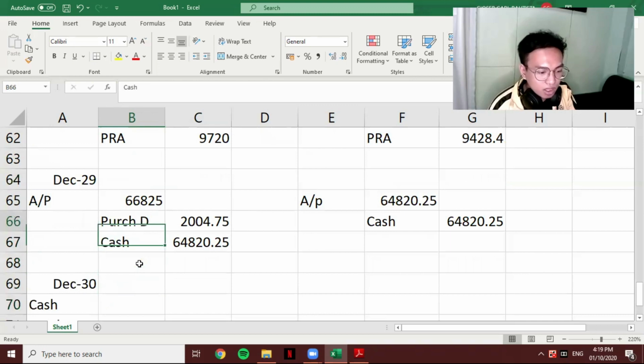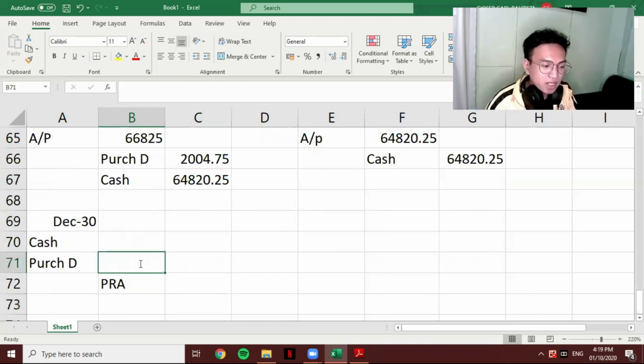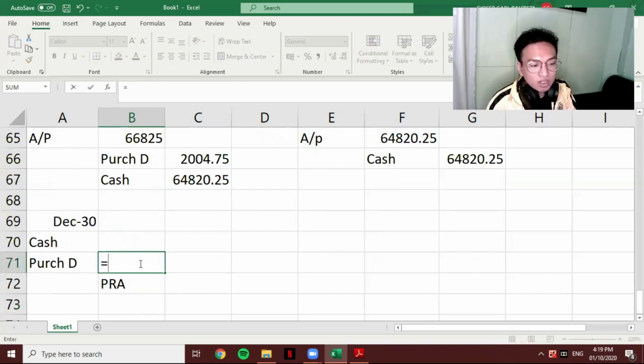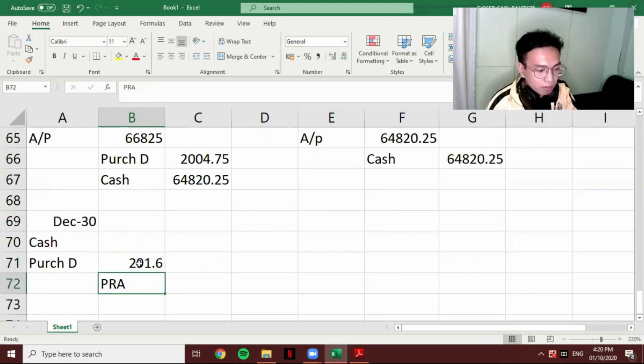Katulad dito, nagkaroon siya ng discount na 3%. Ibabalik natin ngayon yung discount na 3%. Related to what? To the 12,000 list price na naging 9,720 nga. Okay? 9,720 multiplied by 0.03. This is the attributable purchase discount na dapat nating isauli. Kasi nga nagkaroon tayo ng purchase return.